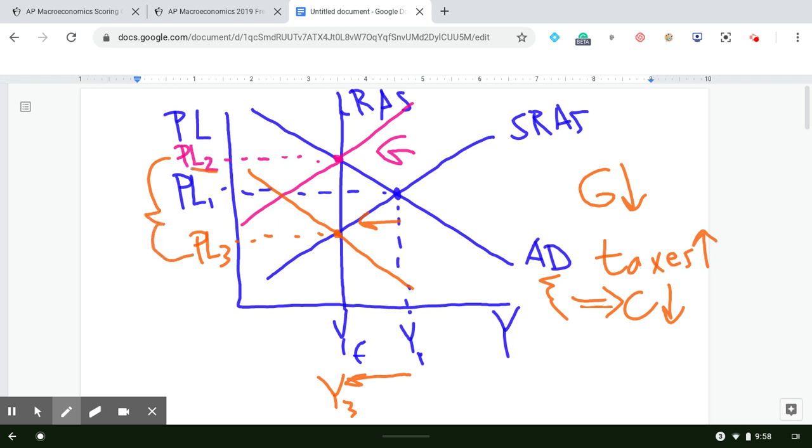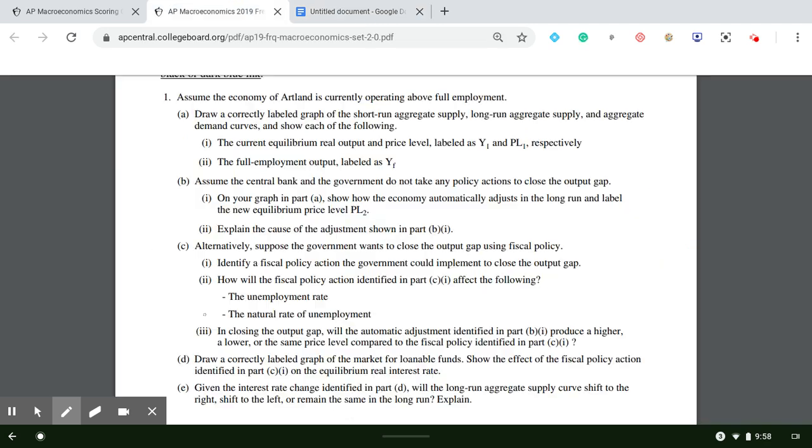If the government were just to allow the economy to naturally, automatically stabilize, you'll have a higher price level. Whereas if the government intervenes, you'll actually have some deflation. So we will end up with a lower price level if the government intervenes than if there was just an automatic stabilizer. So in this question, the automatic adjustment produces a higher price level compared to the fiscal policy.